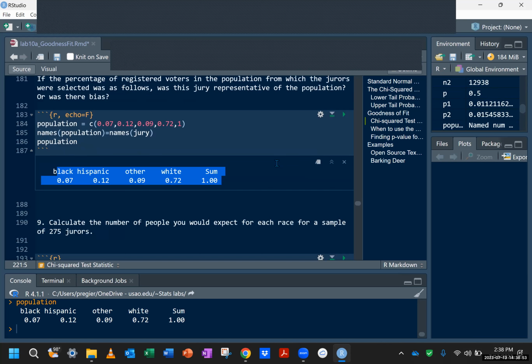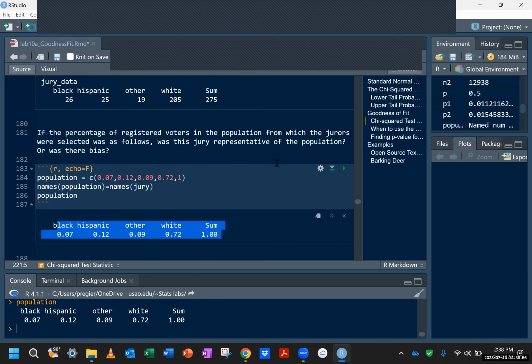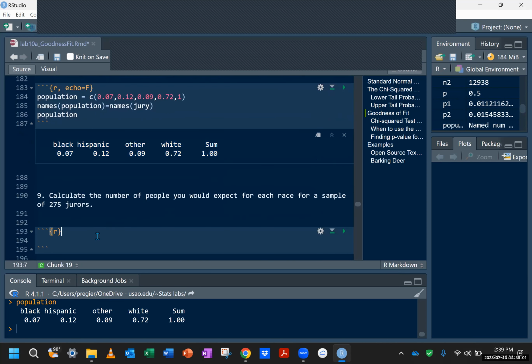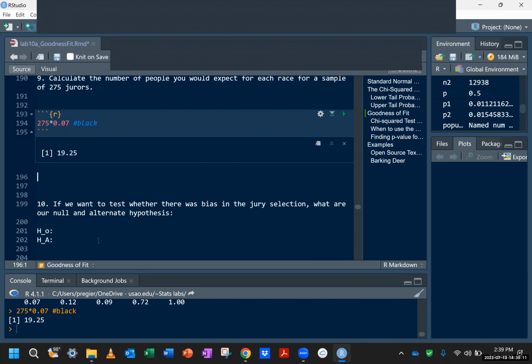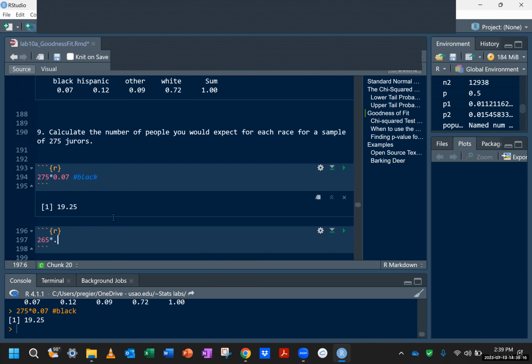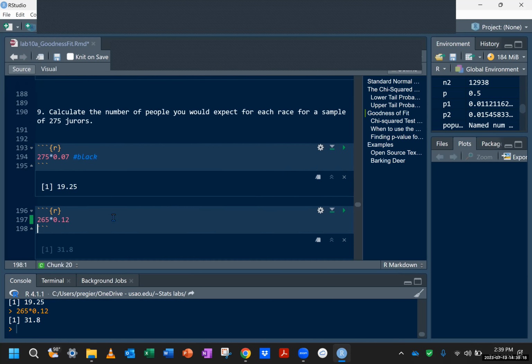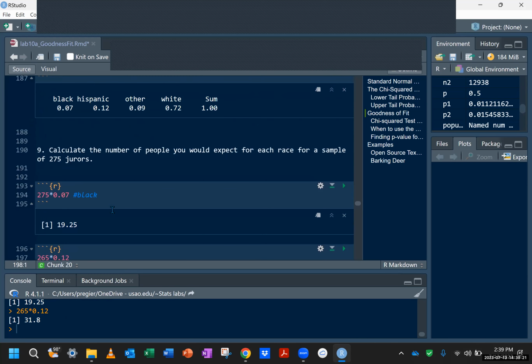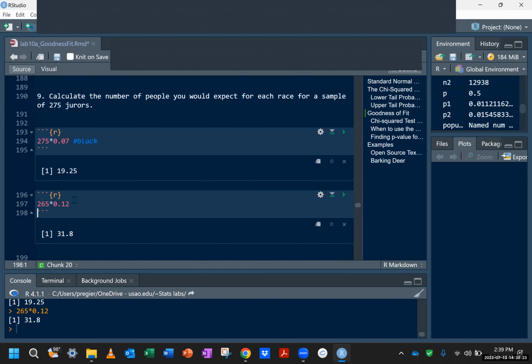So let's calculate what we would expect to see if it was representative, if it was proportional. So if there was 275 people in the jury, we would expect to see exactly 7% black, right? And if there's 275 people in the jury, we would expect to see exactly 12% Hispanic. And so that's what we would expect to see.